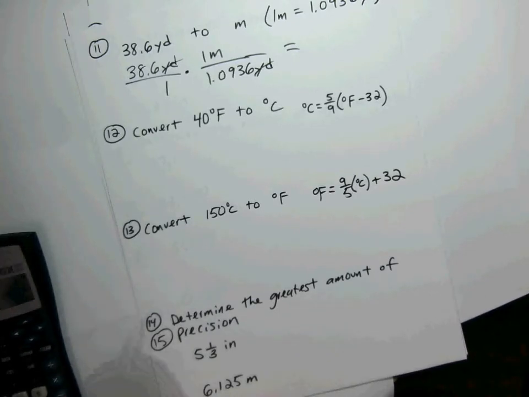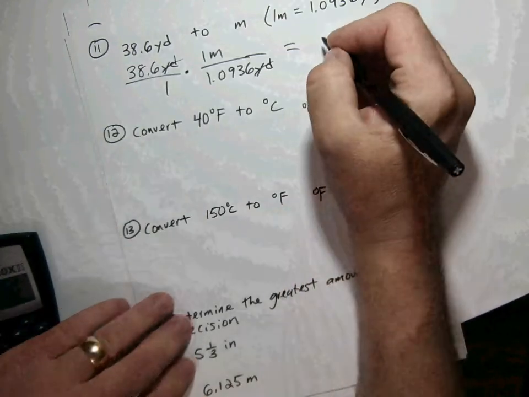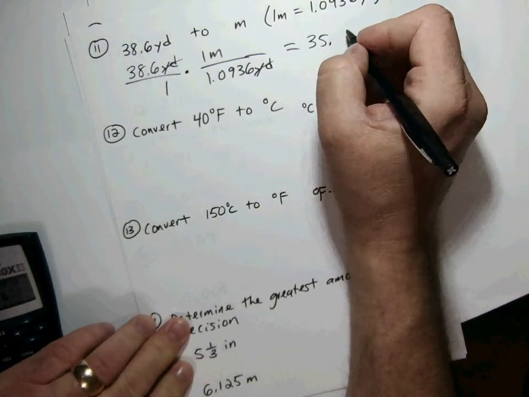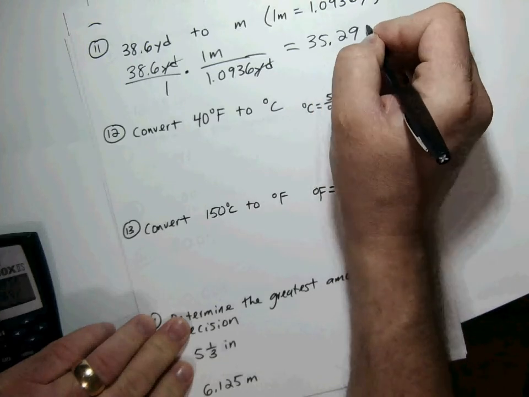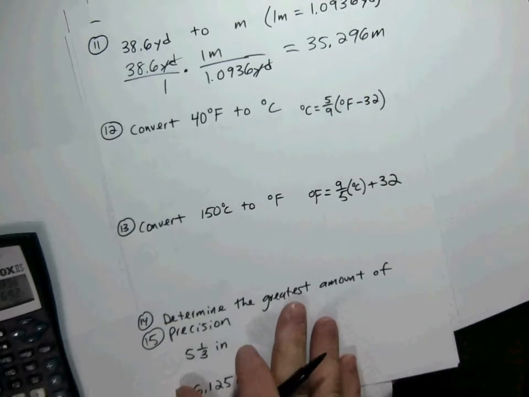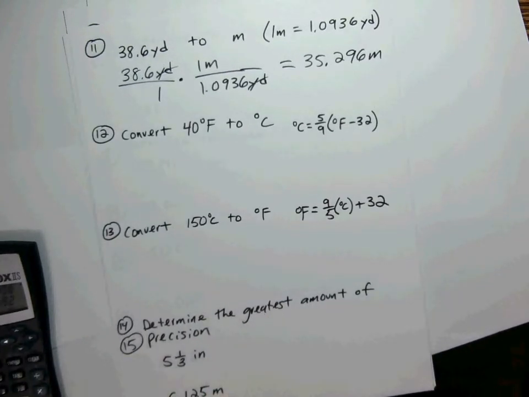One unit's going to cancel away, the other unit's going to remain. Okay, when I run the calculation here, what do I get? 35.296 meters. Alright, so far so good.